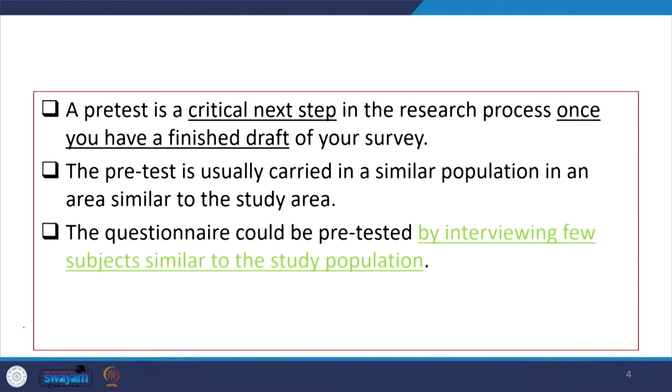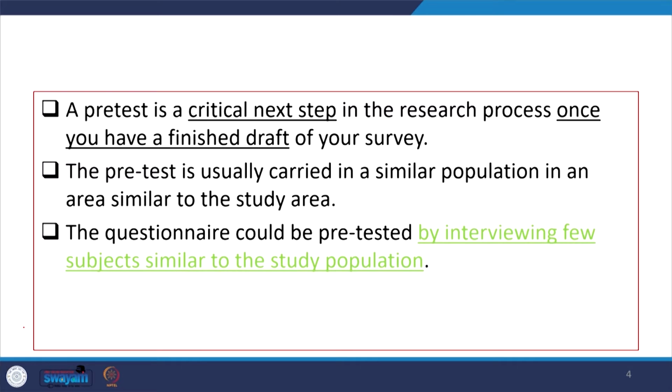So, a pre-test is a kind of pilot study, a small pre-pilot study, which should be carried out under the same conditions, with the same population and in the same area. Otherwise, it is not going to give you the correct direction for the full survey.